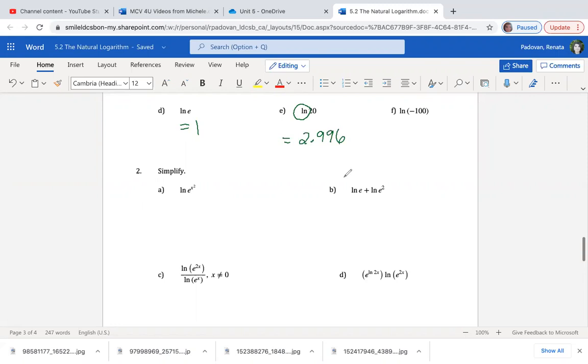And if I did the ln of -100, try that on your calculator. And what do you get? You should have on your calculator that's an error, meaning that it's undefined, right?